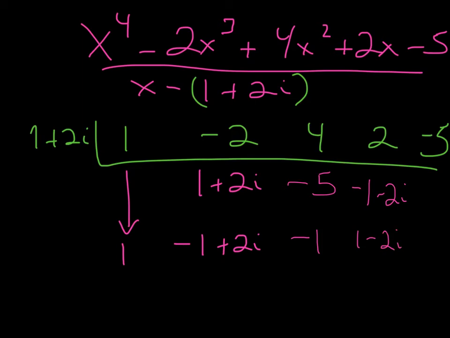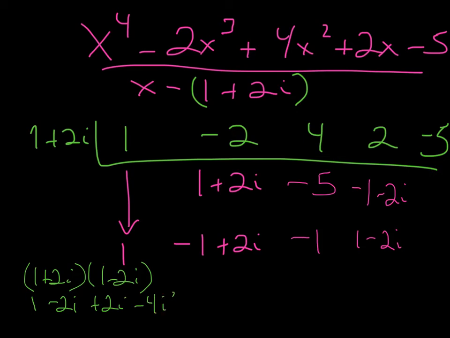And now off to the side again, hopefully you're recognizing that you're going to have to FOIL again. You're going to multiply all of this times all of this. So I'm going to do it off to the side again. So 1 plus 2i times 1 minus 2i. And when I FOIL it out, I'm going to get 1 minus 2i plus 2i minus 4i squared.